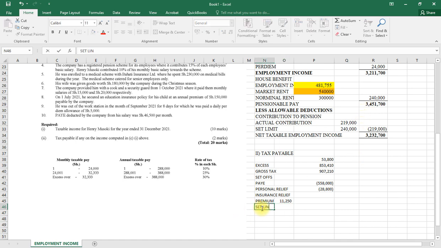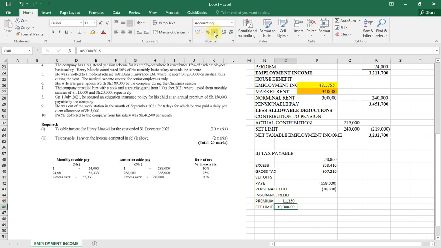The set limit is normally 60,000 per annum, but remember in our case we are dealing with 6 months, so by 0.5, which will be 30,000. The lesser between the two is what we shall use, and the lesser one will be 11,250. That is the lesser amount.